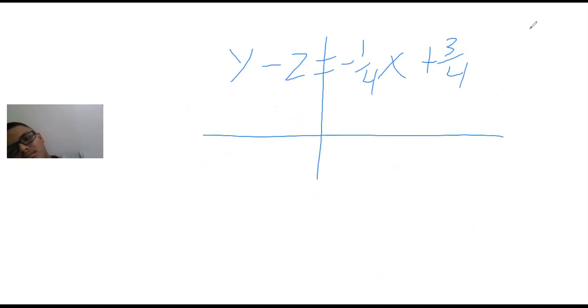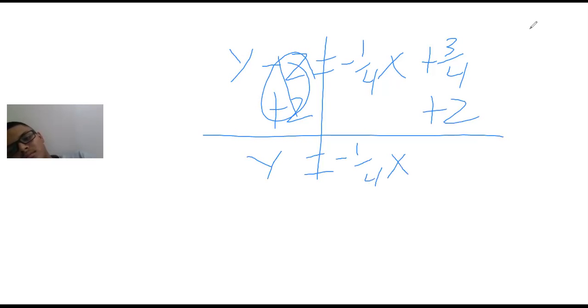Okay, so now we want to leave that y by itself. So we are going to add 2. This cancels out and we have negative 1/4x. Then we're going to add 2 fractions, right? So 3/4 and 2.